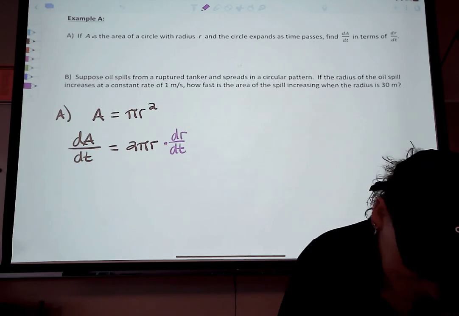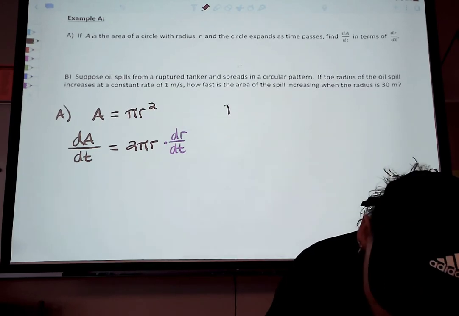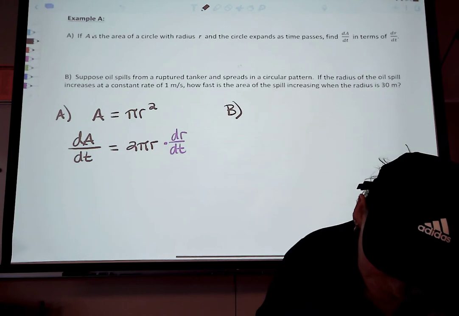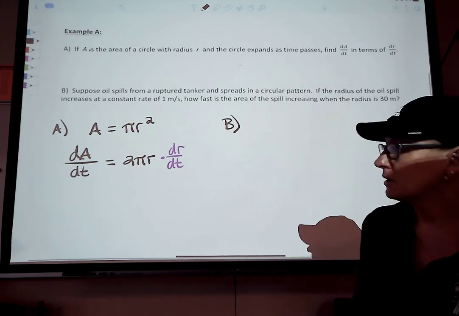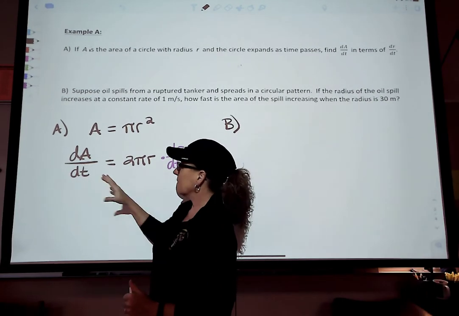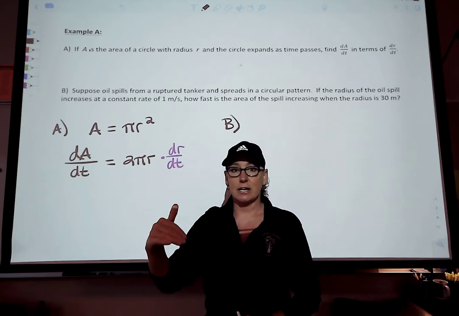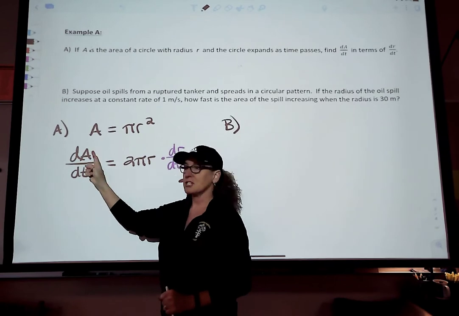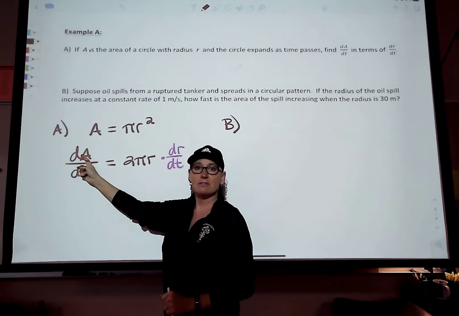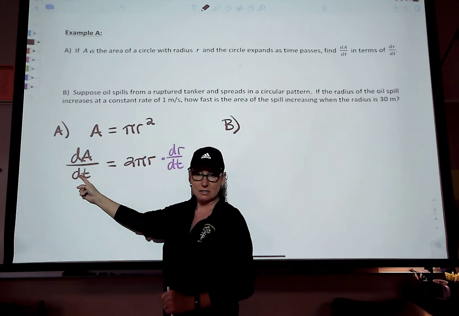Now for part B. Keep in mind, every time you write the derivative of something, it means the rate of change. This fraction represents the rate of change of the area of the circle with respect to time.